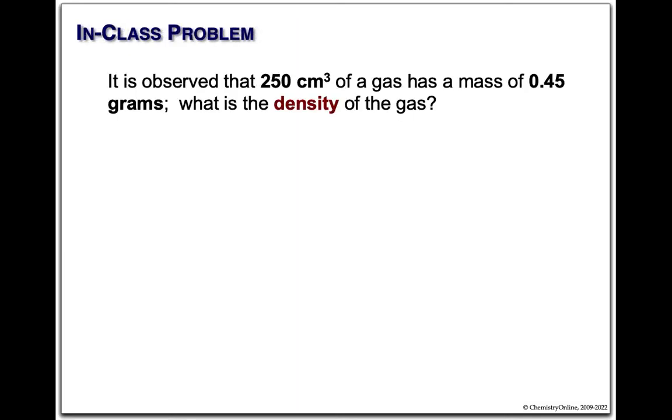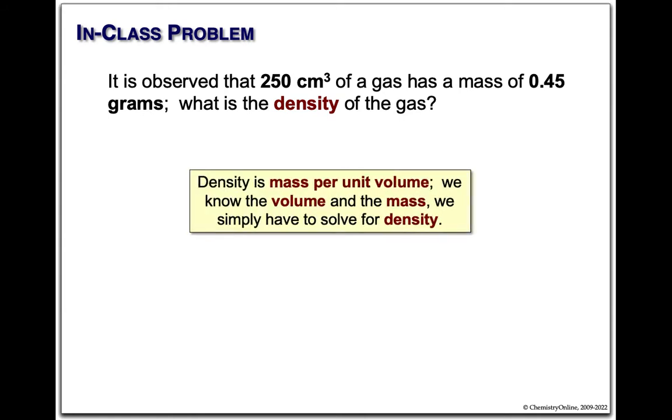Problem. We have 250 cubic centimeters of gas, mass of 0.45 grams. What is the density? We recall that this is mass per unit volume. So we want to take our mass divided by our volume. Here's our equation.